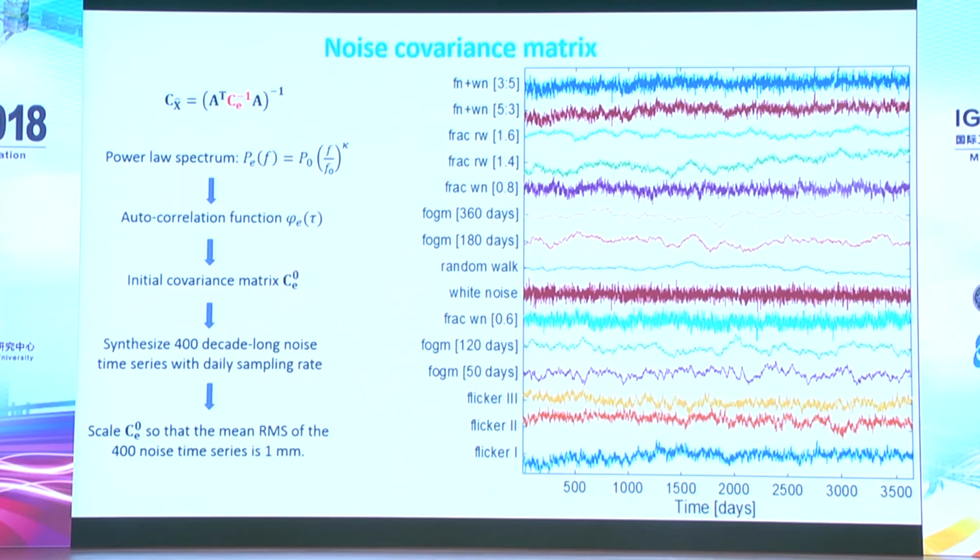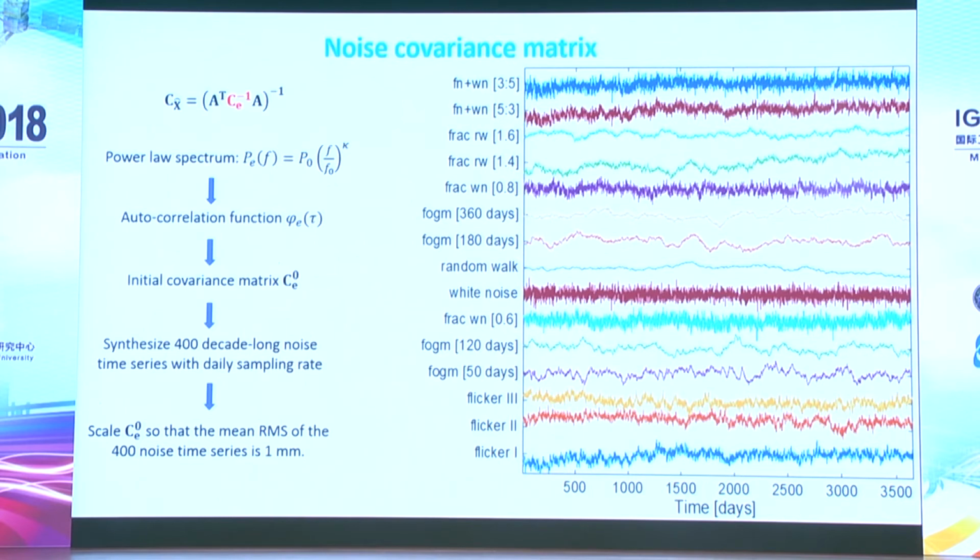So what we did is, when we have a power law for a specific kappa value, we can apply the inverse Fourier transform to get the covariance function. When we have the autocorrelation function, then we can construct the initial covariance matrix based on it.